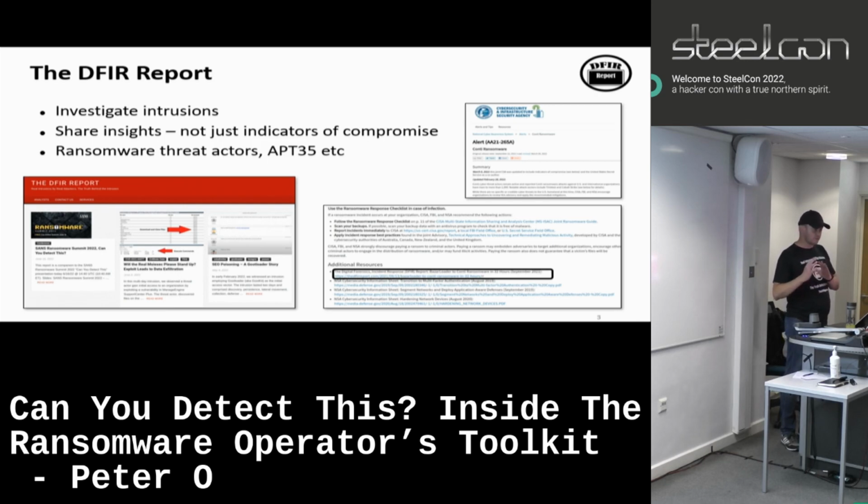For those familiar with the pyramid of pain, the easy stuff to report on is the atomic indicators, such as IP addresses. What's really tough is the top level, which is the tradecraft that the threat actor uses. So that's what we're aiming for.